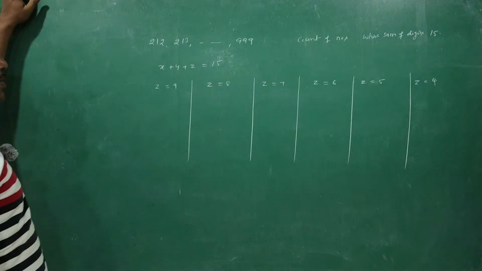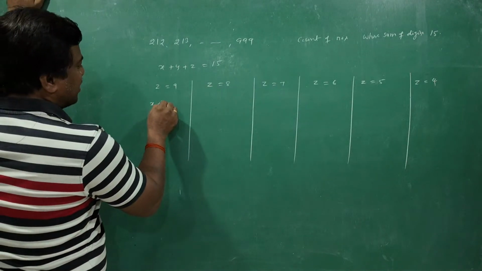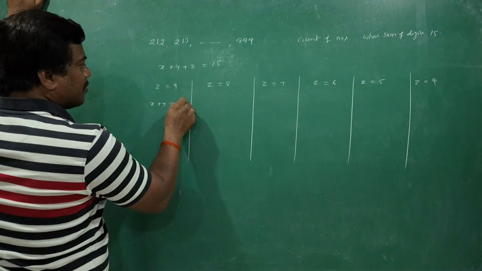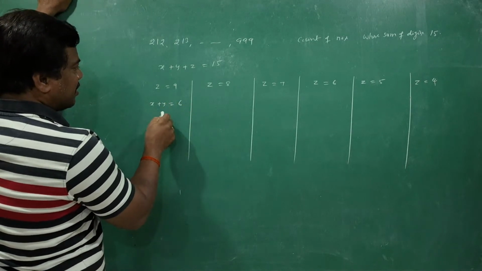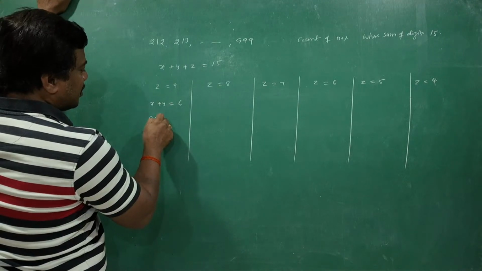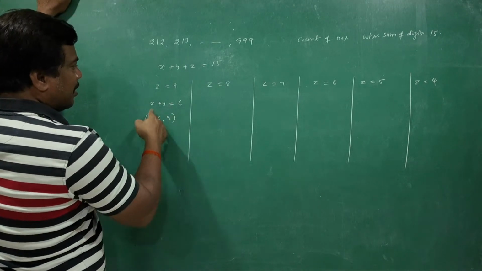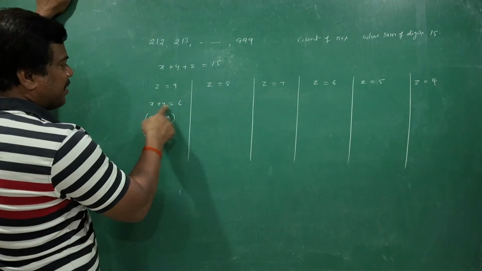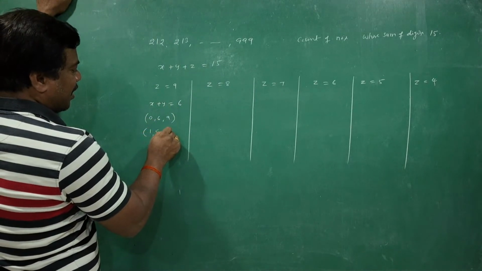When I write z value 9, x plus y becomes 6. The combinations you will get: 0, 6, 9. First combination, x plus y should be 6: 1, 5, 9.